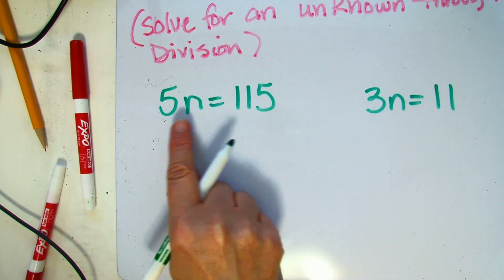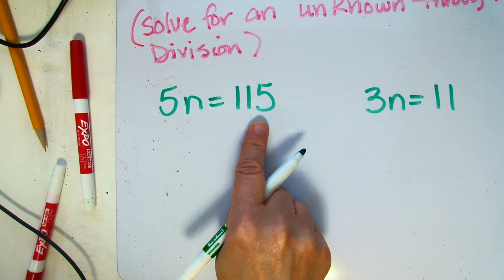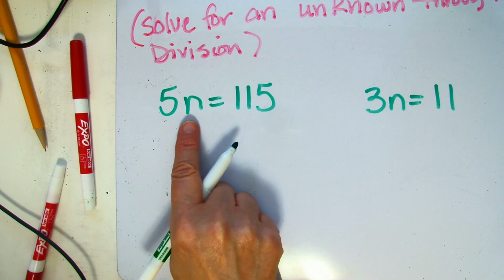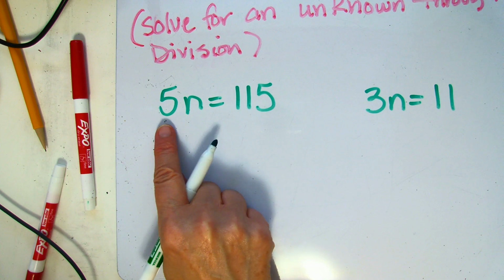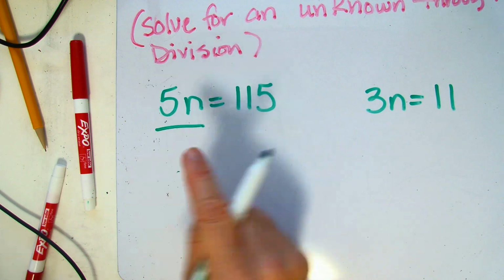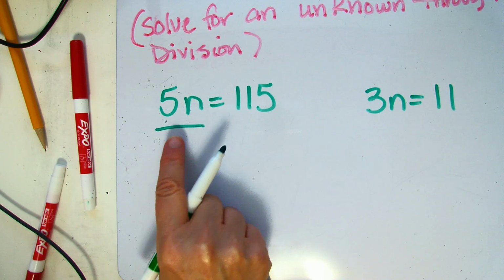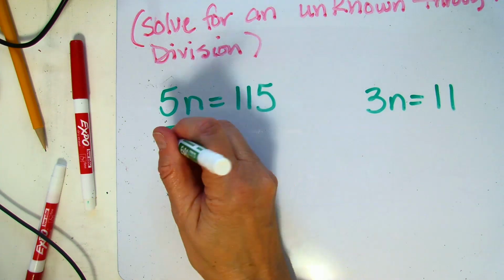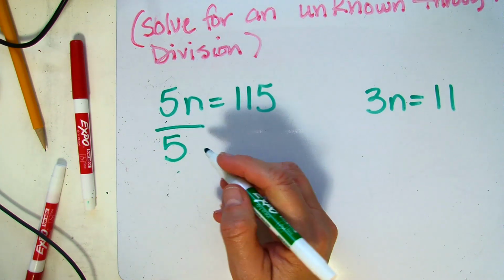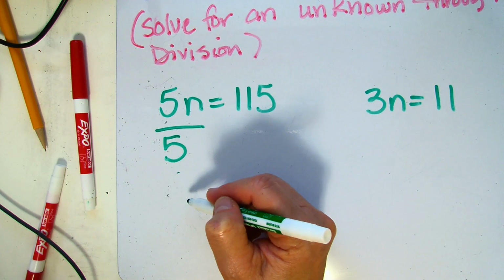Remember, this is 5 times n equals 115. To solve for the unknown variable n, I'm going to do the opposite of multiplication. I'm going to divide, and I'm going to divide by the number that is multiplied to n, in this case 5. I do that so I can eventually cancel those out and get n.